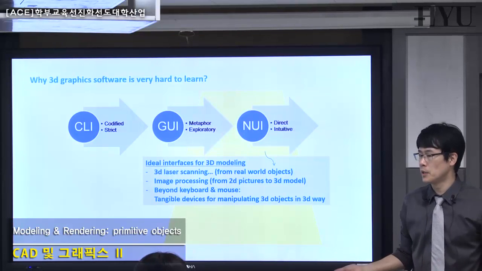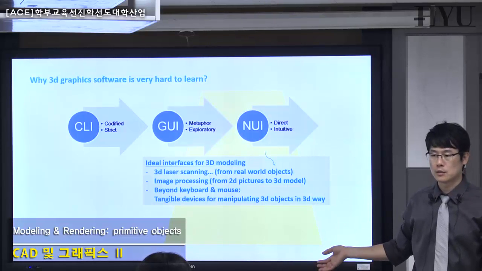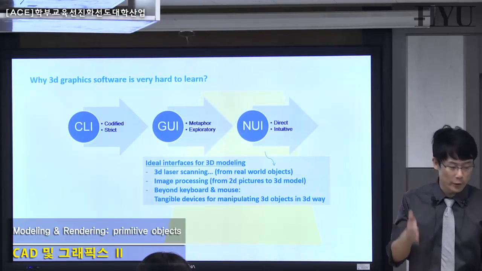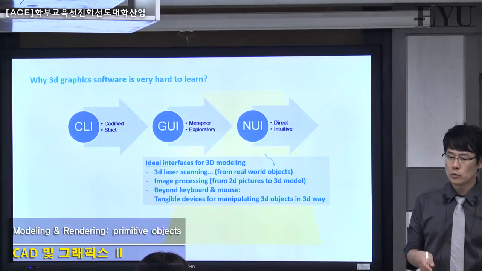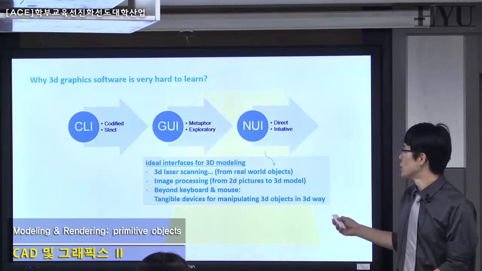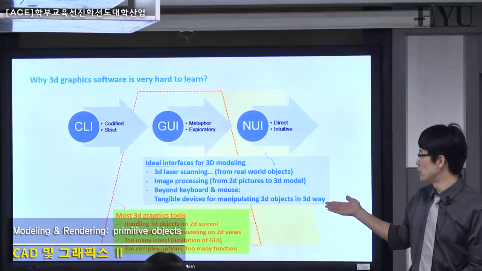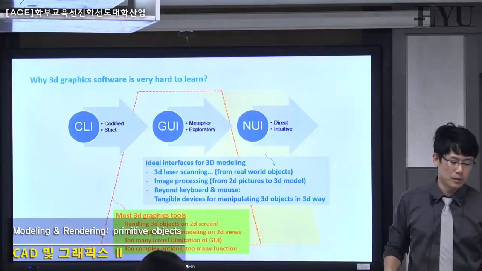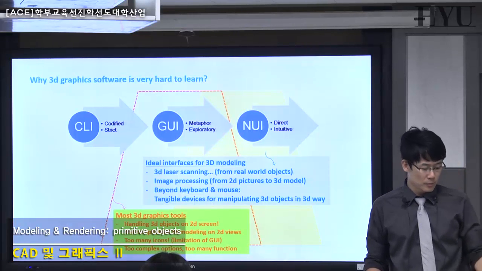No one roughly designs your furniture or interior finish or wall height and thickness. We have to put very precise numbers in millimeters, okay? 250 millimeters for wall thickness and so on. So actually, that is why most 3D graphics tools adopt GUI, partially command line interface.